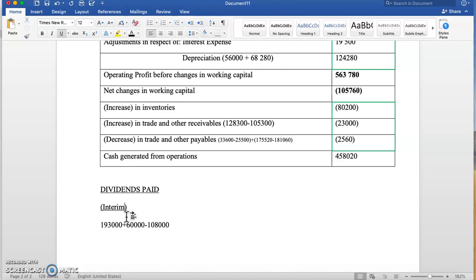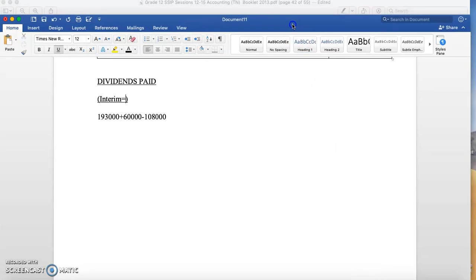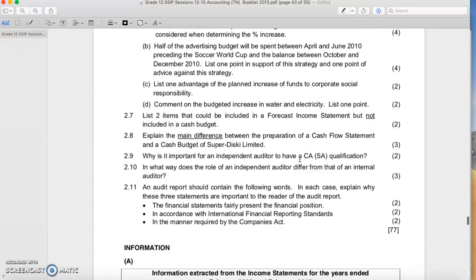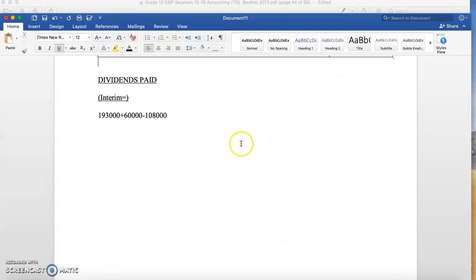We calculate interim shares by saying, if I go to our information right here and I say 108,000 minus 60,000, that should give us our interim shares.